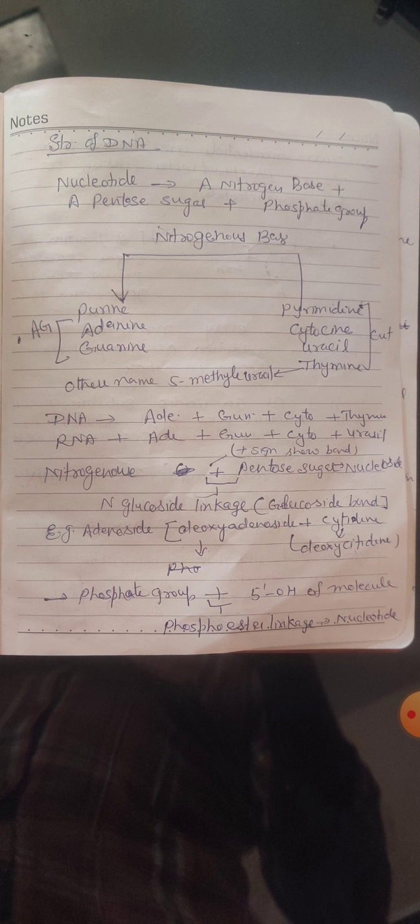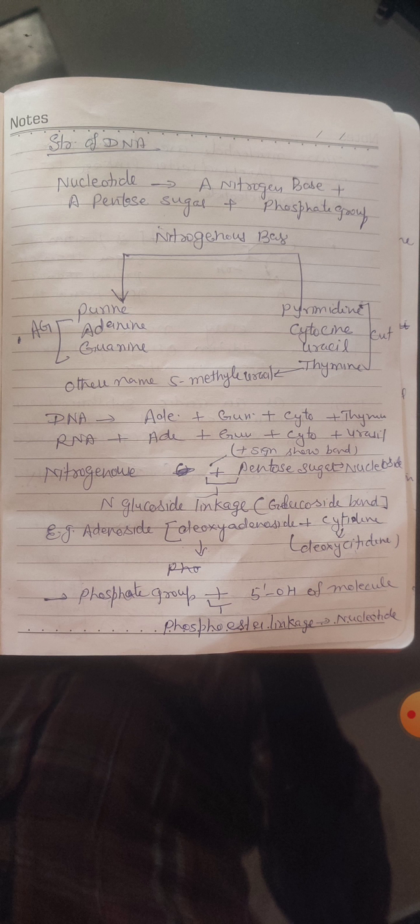Now if we remove uracil from the pyrimidines, then only cytosine and thymine come in deoxyribonucleic acid, and uracil replaces thymine in ribonucleic acid.